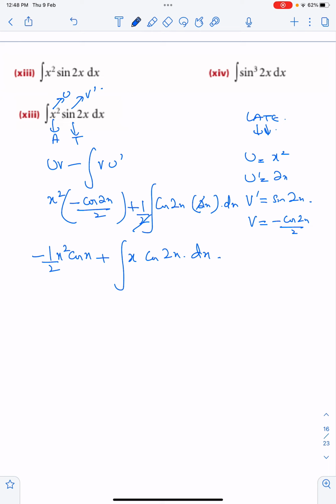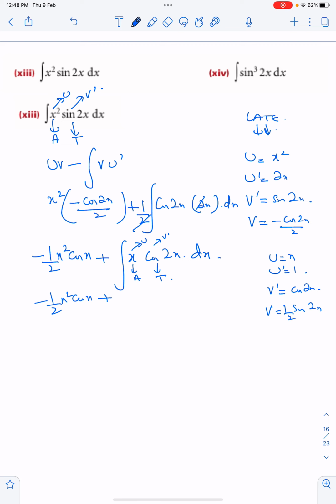Okay, now here also we can use integration by parts, so I'm writing minus 1 upon 2 x squared cos 2x as it is, plus, this is algebra, this is trigonometry. Algebra has to be done before trigonometry, so that means this is u, this is v dash. Okay, so u is x, so u dash is going to be 1. v dash is cos of 2x, so v is going to be, when I integrate, sine of 2x divided by 2.